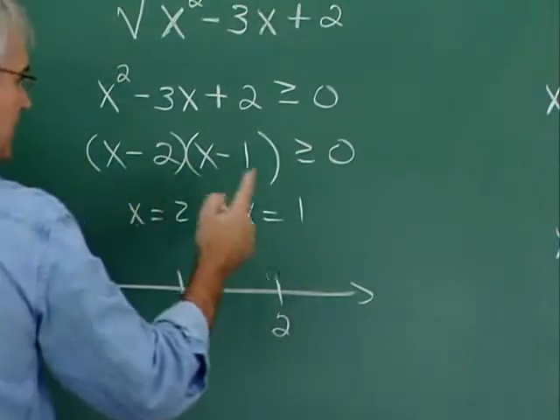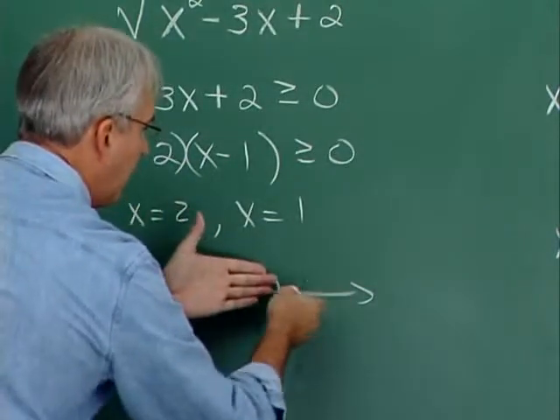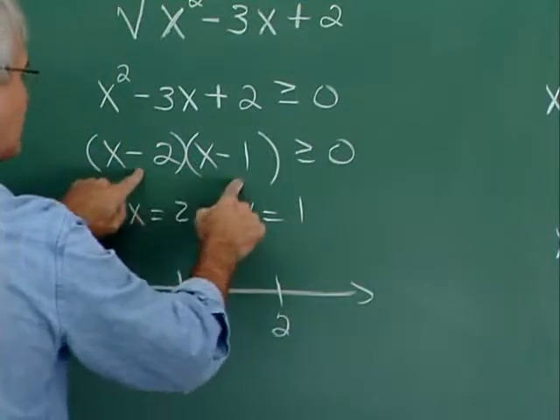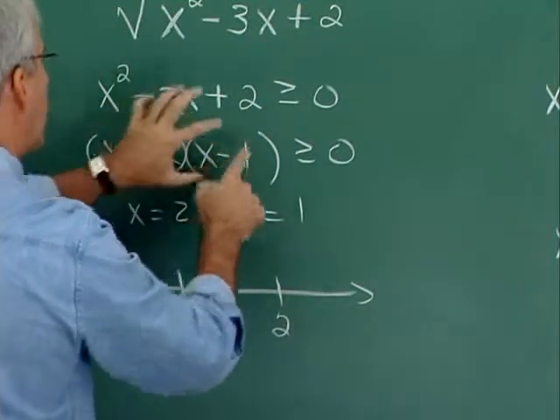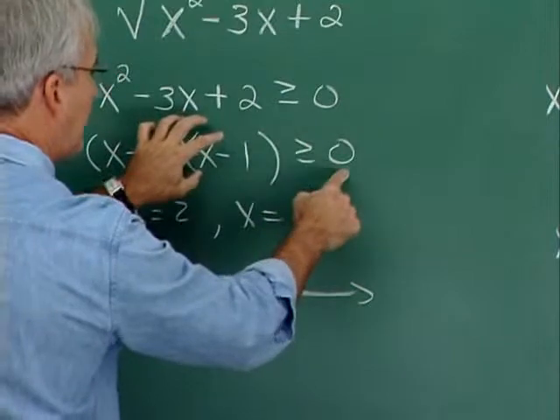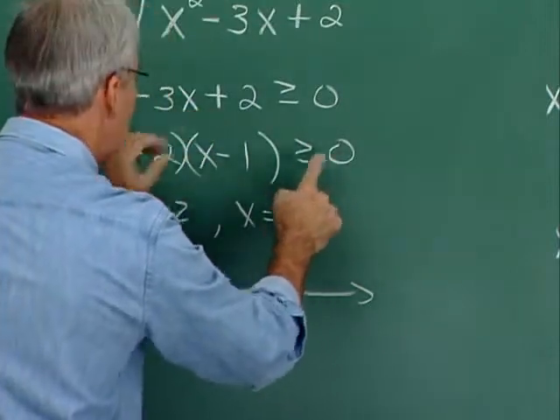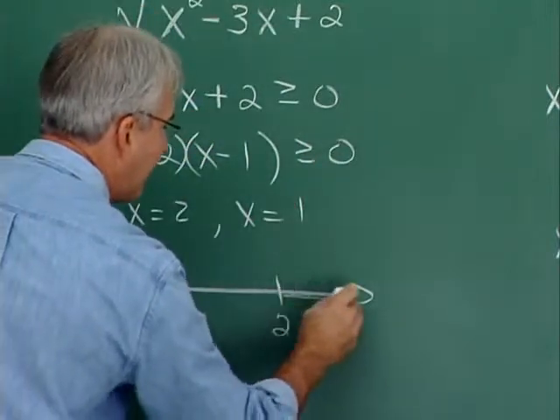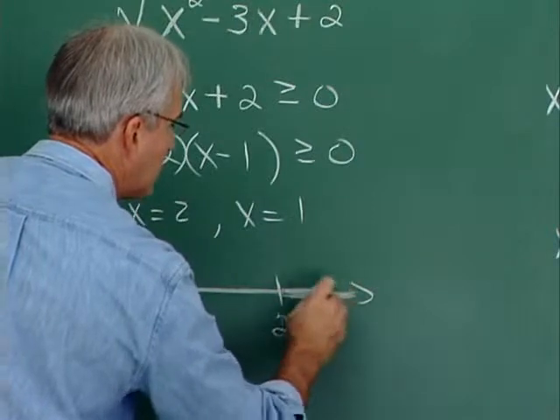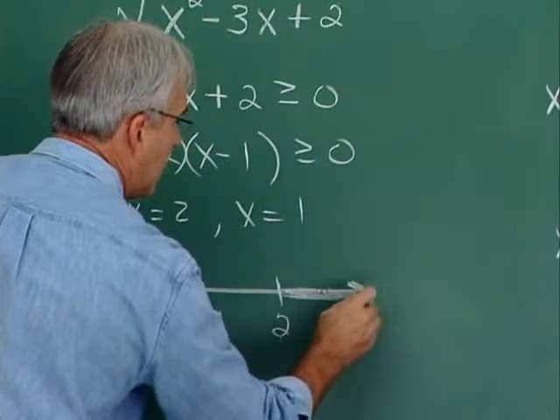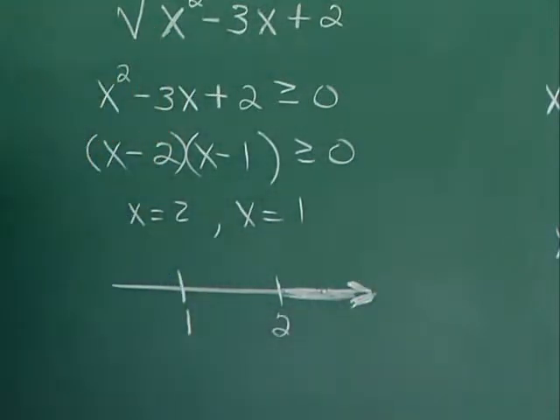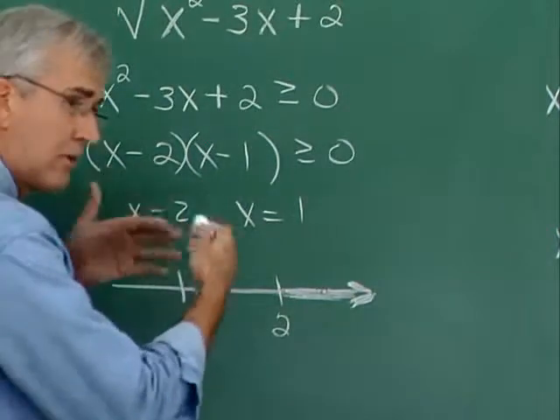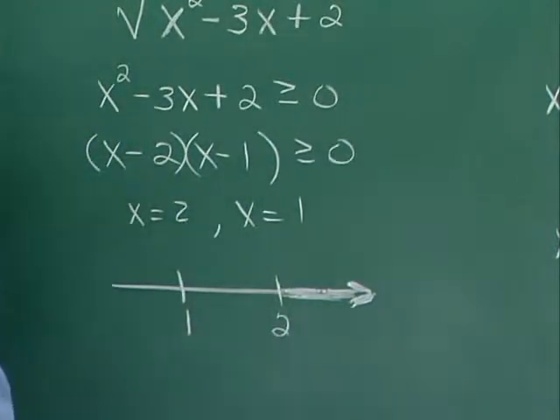And incidentally, in this interval, if both of the factors are positive, positive times positive gives a positive result greater than or equal to 0. Yes, that's true. And therefore, in this interval, we have values of x that will cause the radicand to be positive and therefore valid, part of the domain of our expression.